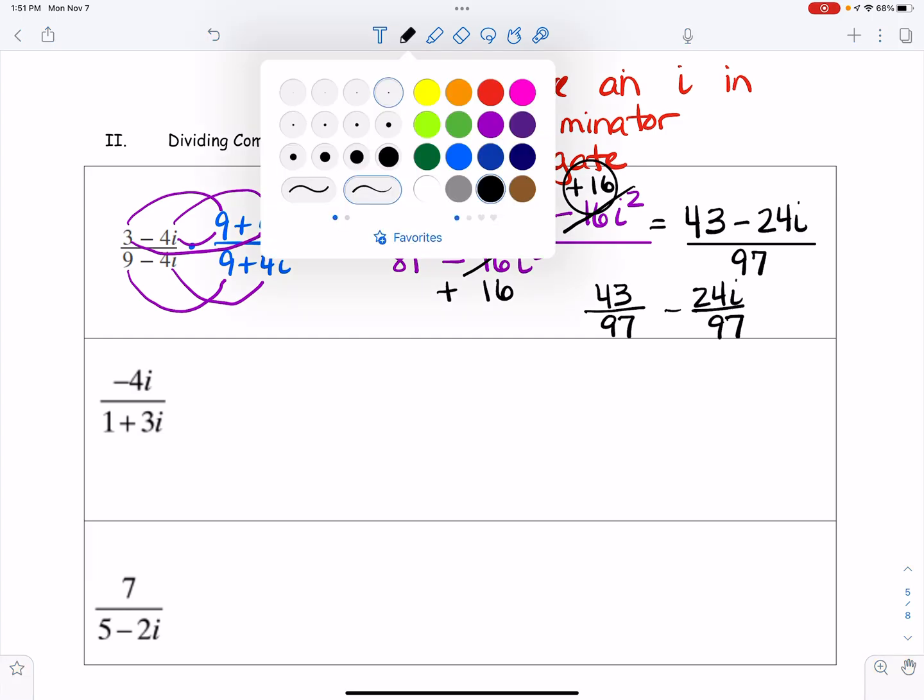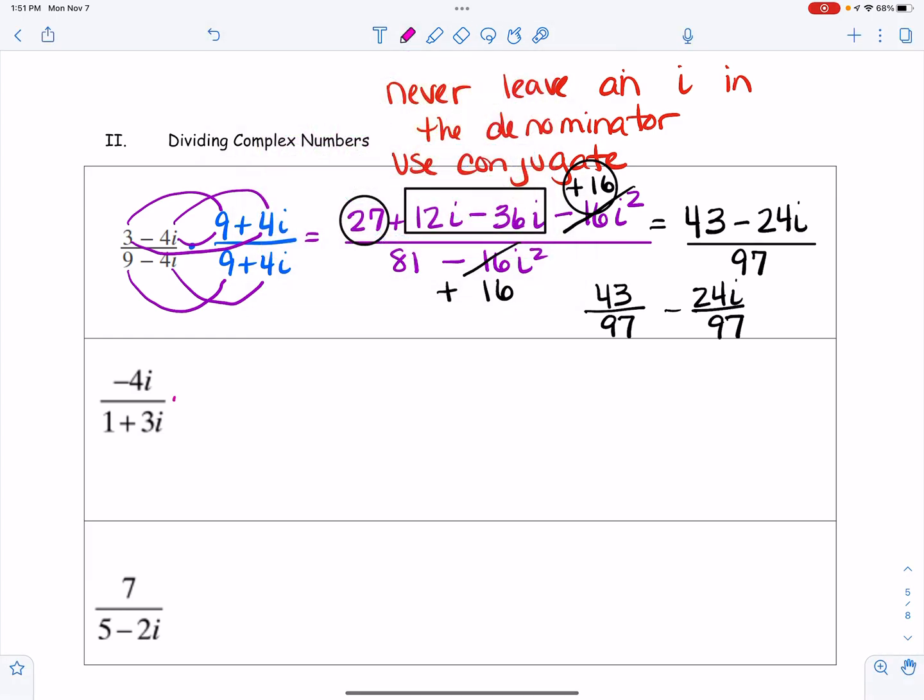All right, in the next example, I am going to multiply by 1 minus 3i over 1 minus 3i. So I'm going to distribute on the top. So that becomes negative 4i, and then that becomes positive 12i squared.